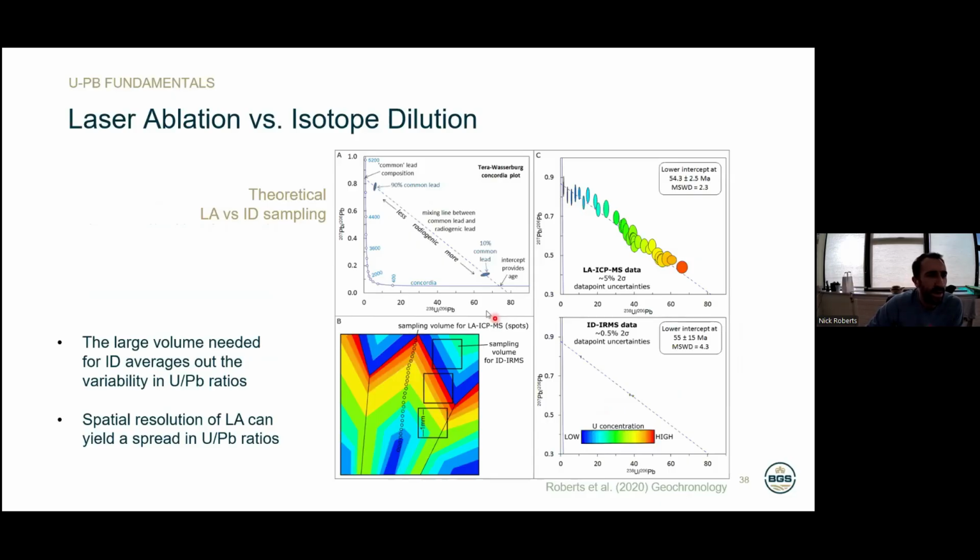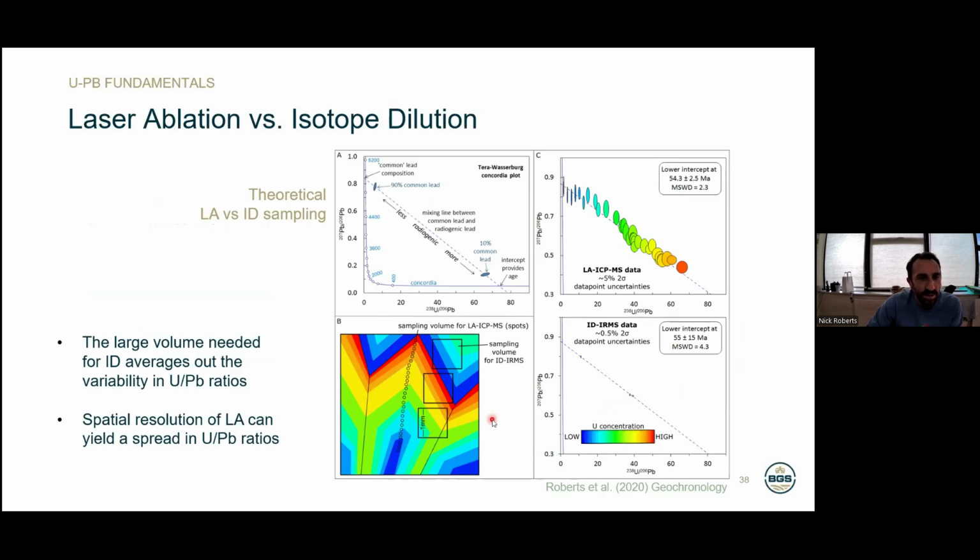Just very quickly, a couple of plots on why laser ablation is a useful method in combination with the old, traditional method of isotope dilution. If you look at this bottom left diagram, this coloured plot is meant to show some sparry vein-filling calcites, coloured according to uranium concentration. So we go from low to high, back to low.